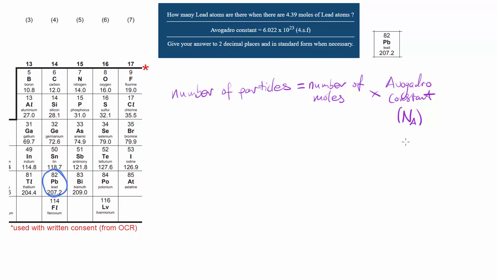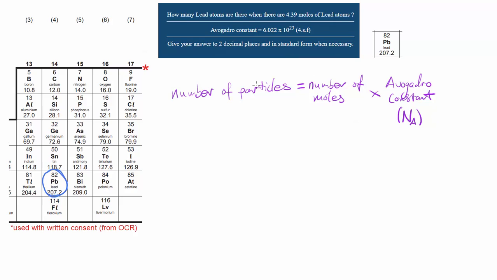As we can see in this equation, there is no need to use, for example, the relative atomic mass or anything like that. So actually we don't need the periodic table.